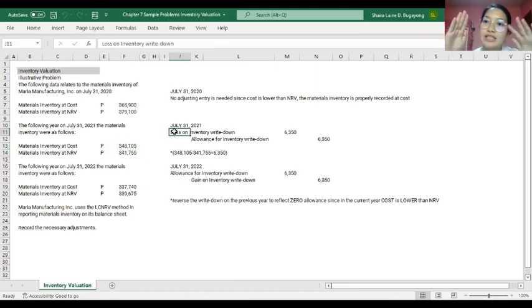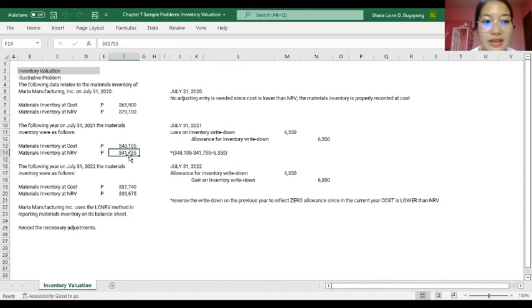It is a deduction from inventory. If we deduct the net realizable value, we record a loss on inventory write-down of 6,350, and credit allowance for inventory write-down. The following year, if the cost is lower, we reverse it, so that what is reflected in our books is the cost.